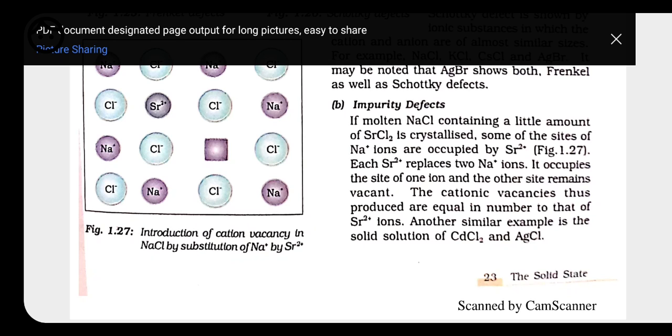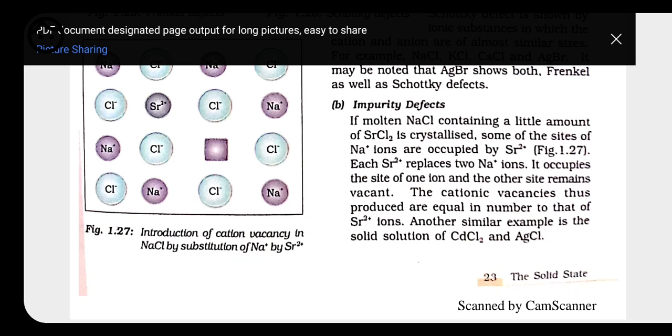So what is the valency of strontium? The valency of strontium is +2, but the valency of sodium is +1 only. That's why if strontium wants to get inside the crystal, it has to displace two sodium ions, because two sodium ions equalize one strontium.